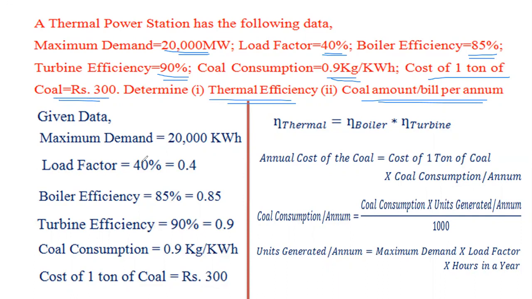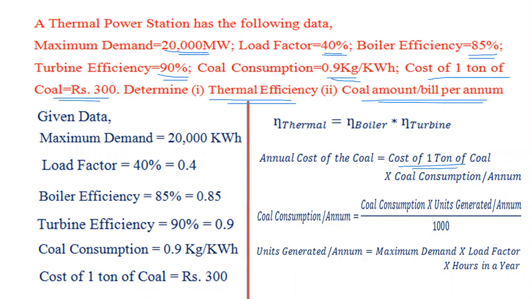The second one we want to find out is the annual cost of the coal. The formula is the cost of 1 ton of coal into coal consumption per annum. In the problem, the cost of 1 ton of coal is 300 rupees.